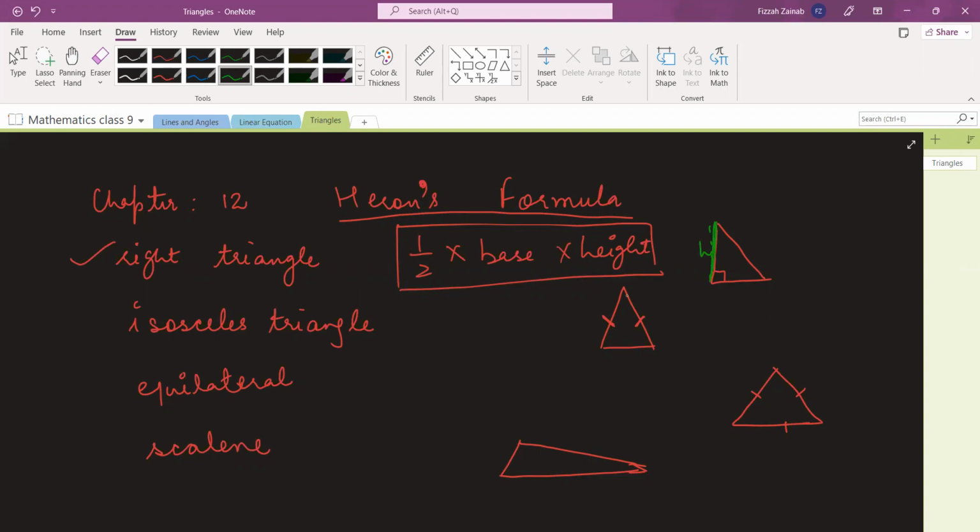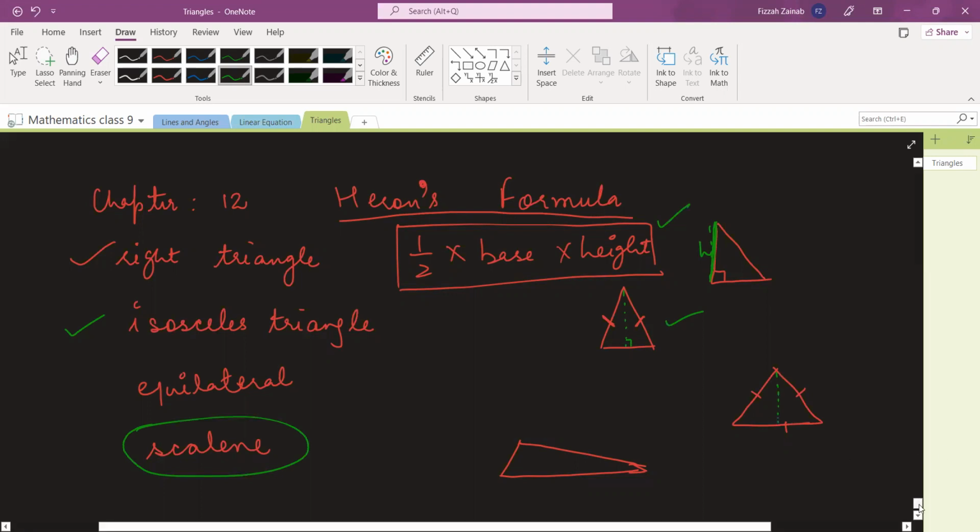And if I want to find the area of isosceles triangle, then again I can drop a perpendicular here, and I can use Pythagoras theorem. I can find the length of the height and then I can find the area. Similarly, in case of equilateral triangle also, using Pythagoras theorem, I can find height and then I can use this formula. But in case of a scalene triangle, it is not possible to find the height, correct?